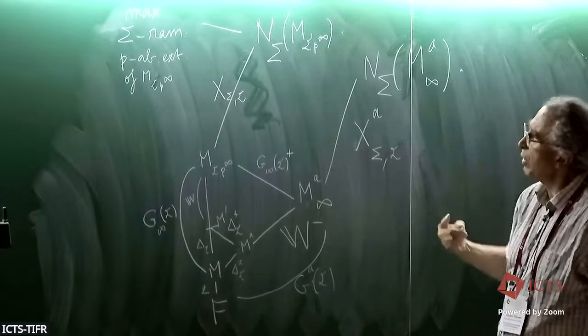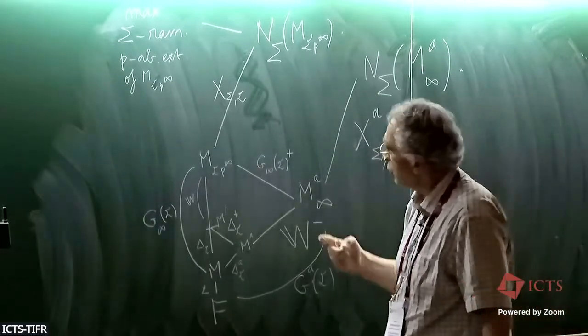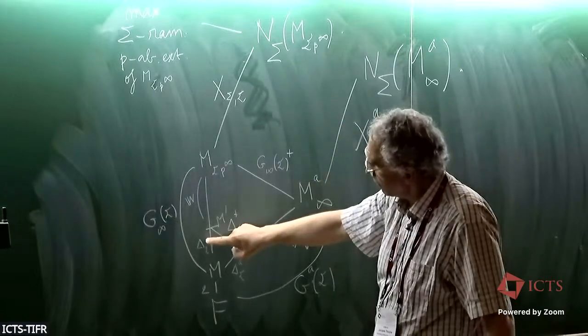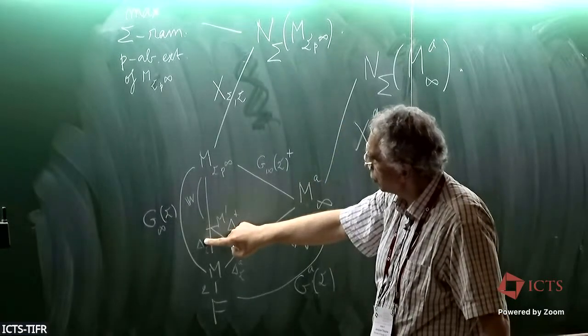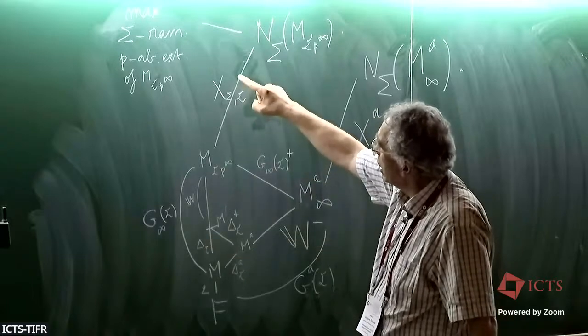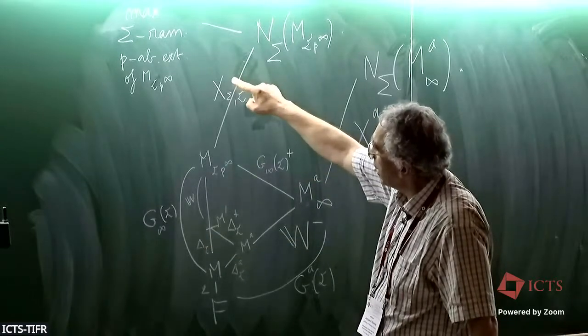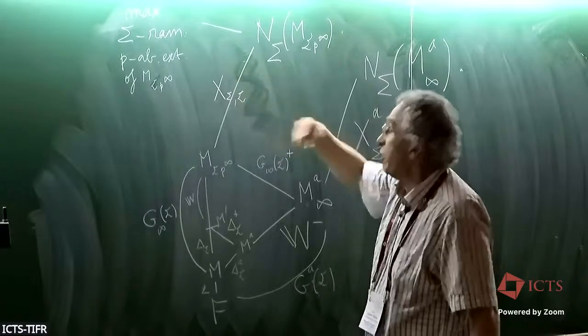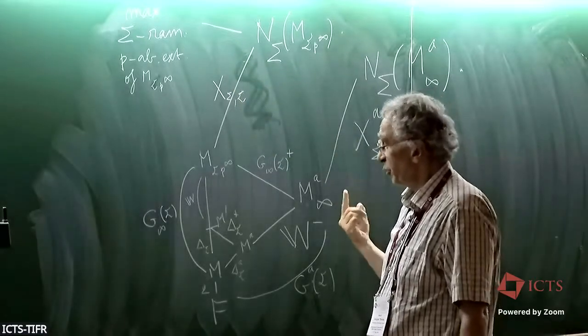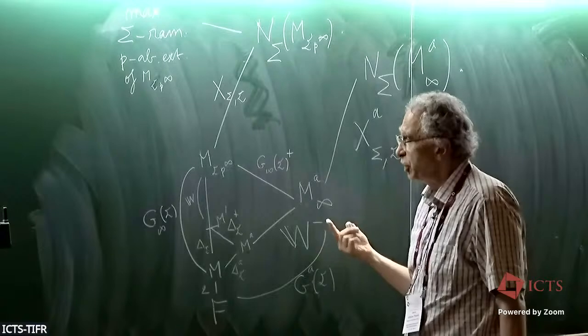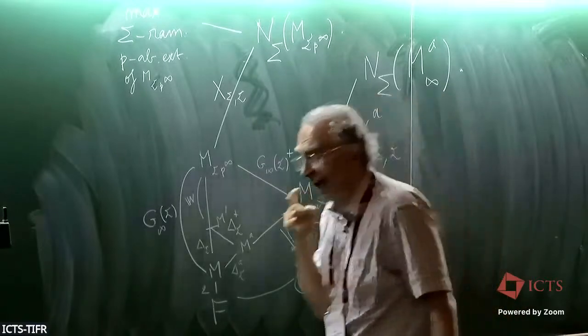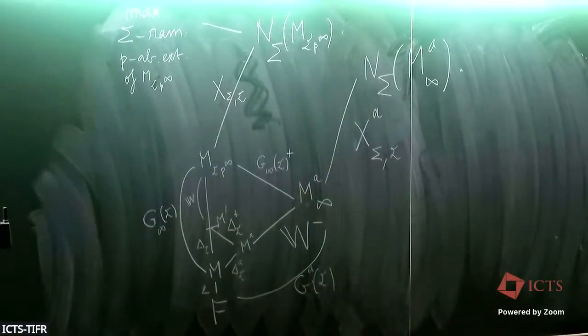So the Iwasawa main conjecture concerns, for any character chi here, the structure of the lambda module of the chi part here, which is a finitely generated lambda module. Under the so-called weak Leopoldt conjecture, it can be proven to be a torsion lambda module, and similarly for the anticyclotomic one.